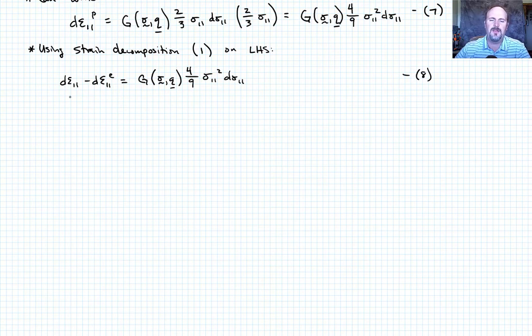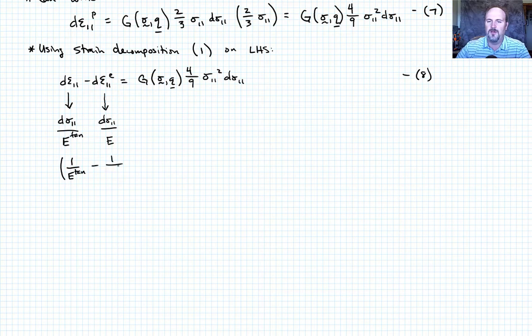Okay, what do we know about d epsilon 1,1? Well, d epsilon 1,1 is d sigma 1,1 divided by the tangent modulus, E tan. And we also know that d epsilon 1,1 elastic is d sigma 1,1 divided by Young's modulus. So we can write this as the quantity 1 over E tan minus 1 over E times d sigma 1,1.